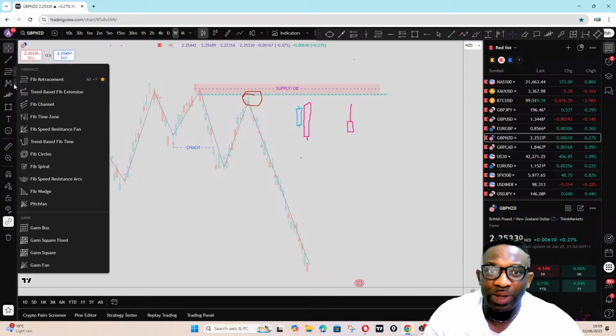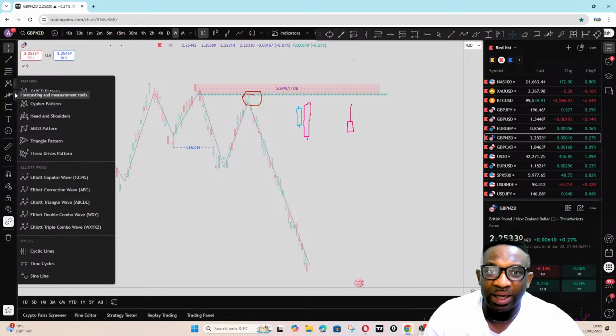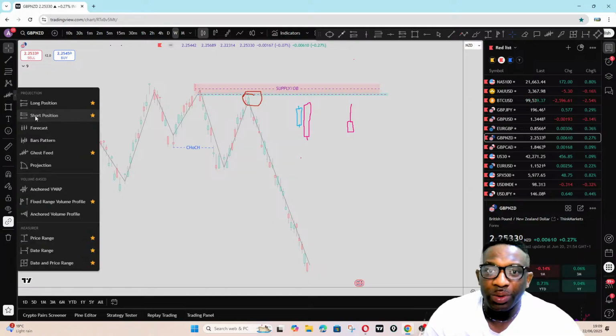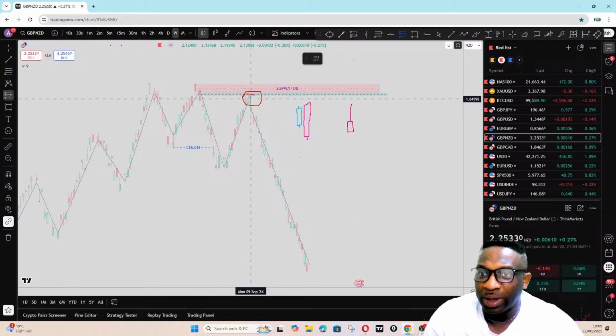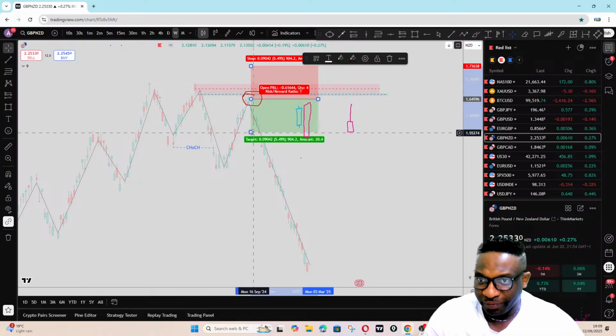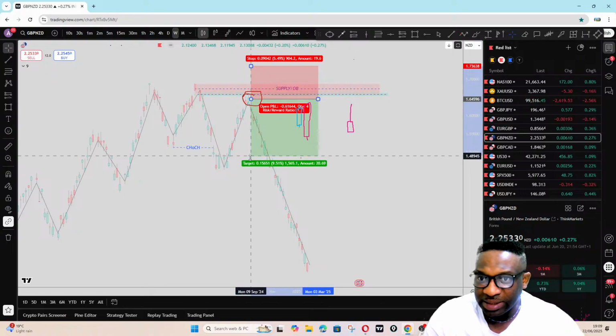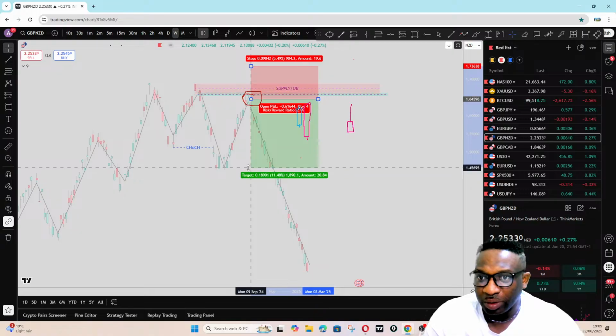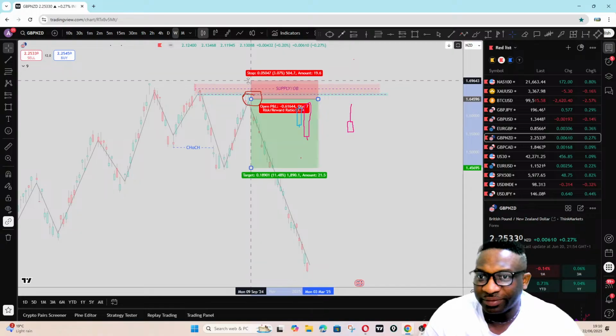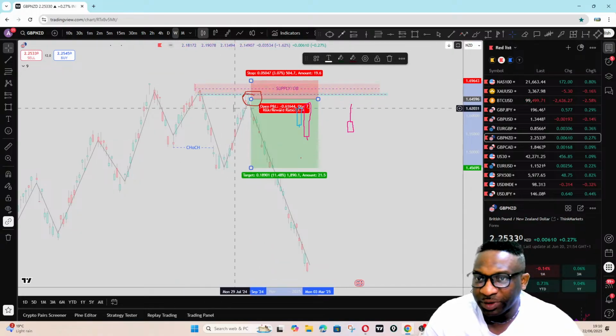So once we identify these events at this area, all we do is we take our entry from here to the next low, or the next previous low. So your stop loss goes right above these highs.